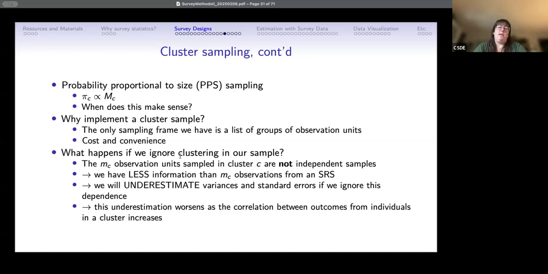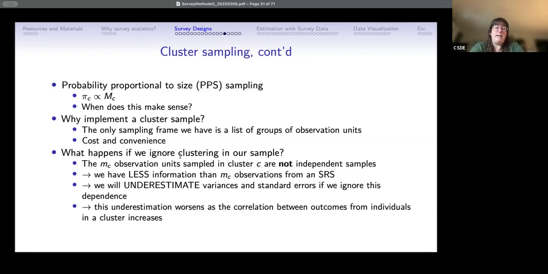If we ignore clustering in our sample, we are going to always underestimate our standard errors. This is because the number of observations from a clustered sample, all things equal, does not contain the same amount of information as a stratified or a simple random sample of the same size where we've independently selected everyone.